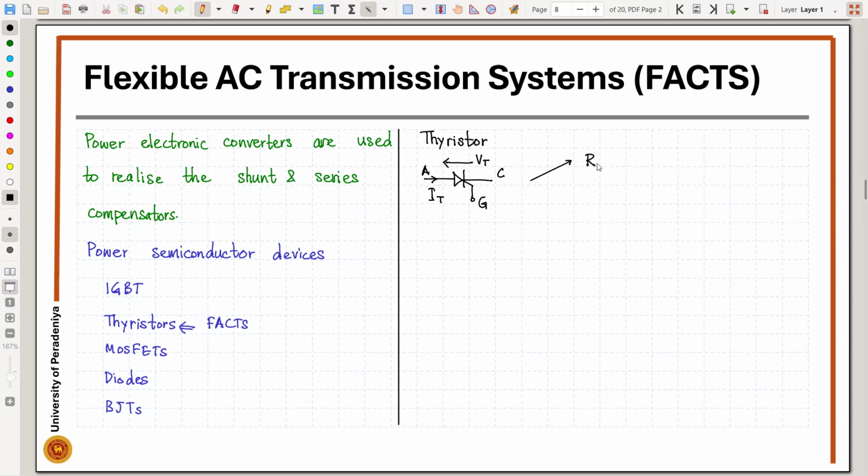You have the reverse bias mode, then you have the second mode, forward blocking mode, and then you have the forward on mode.